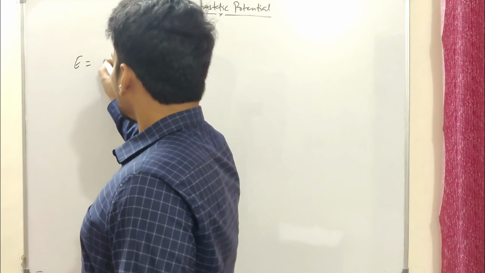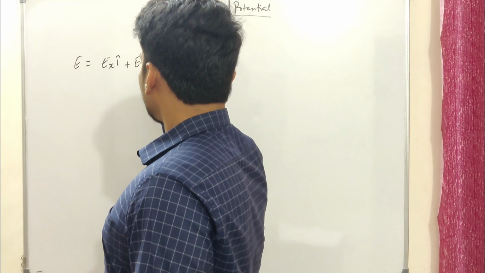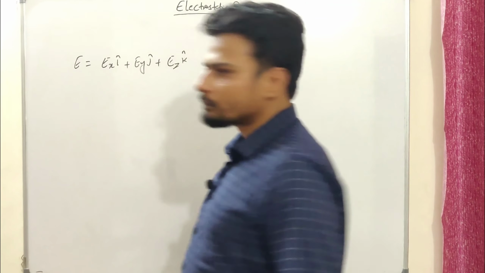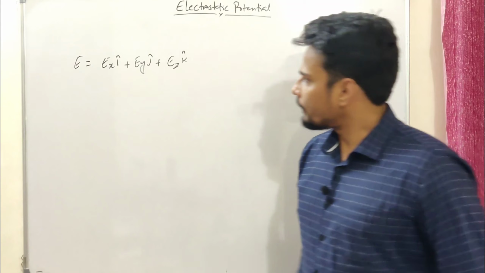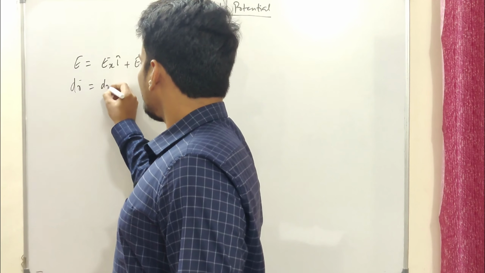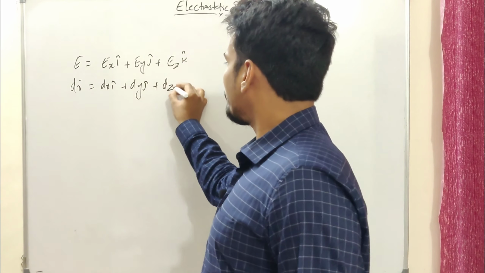So when the charge is moving, your E will be taken as Ex i cap plus Ey j cap plus Ez k cap. Now we know that, and of course dr should be dx i cap plus dy j cap plus dz k cap.